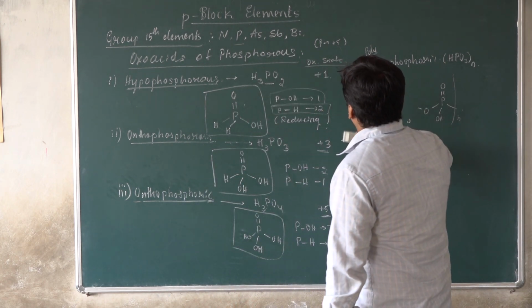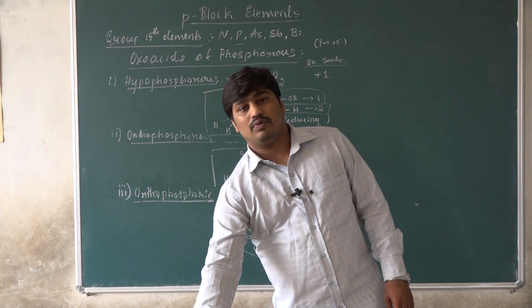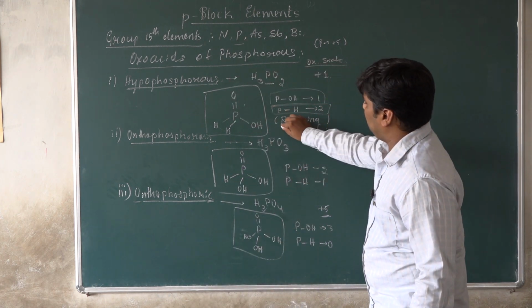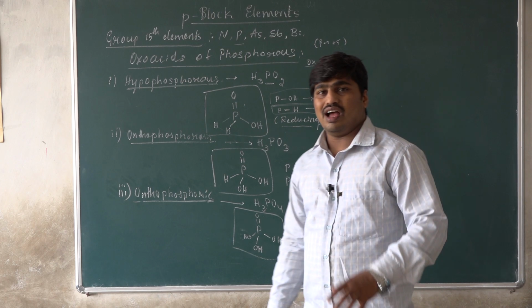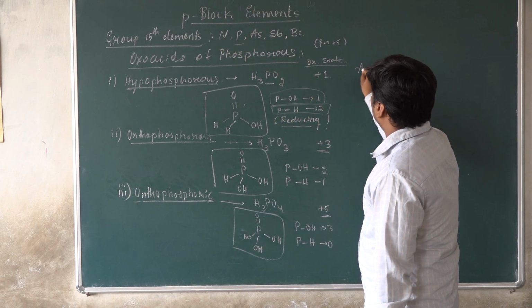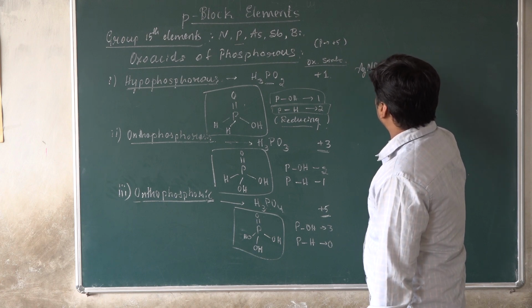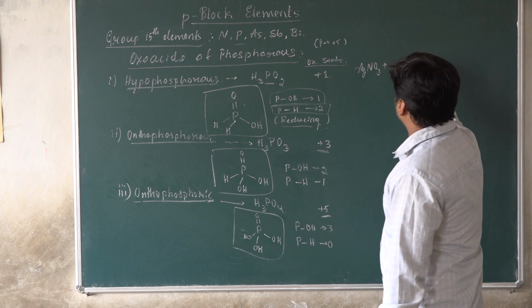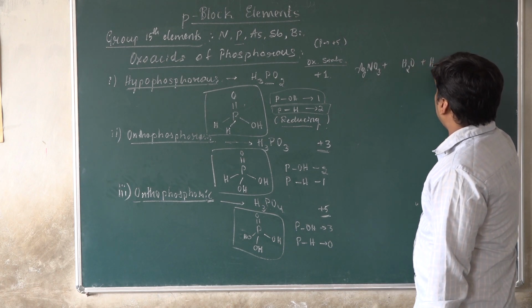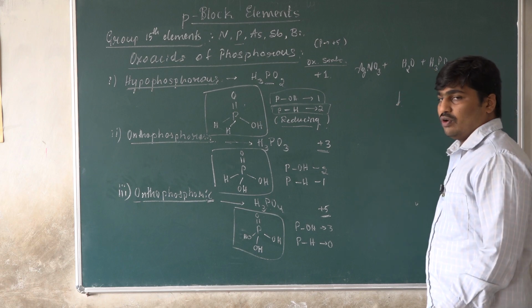Let us discuss a few things under these compounds. How does the first one show reducing property? I am simply saying it has more capacity of reducing nature. If dilute AgNO3 reacts with H3PO2, what may be the possible product?